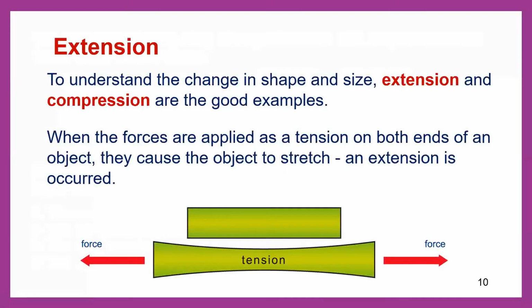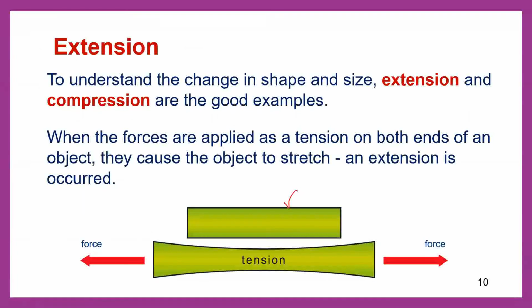To understand the change in shape and size, extension and compression are good examples. When forces are applied as a tension on both ends of an object, they cause the object to stretch, and extension occurs. If the force is doubled, the extension doubles. If the force is tripled, the extension triples.